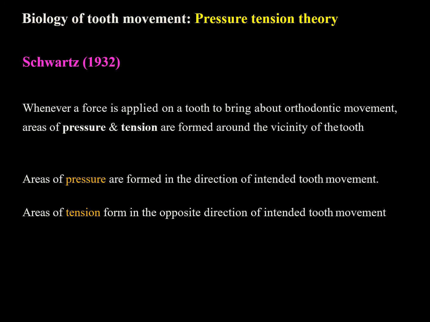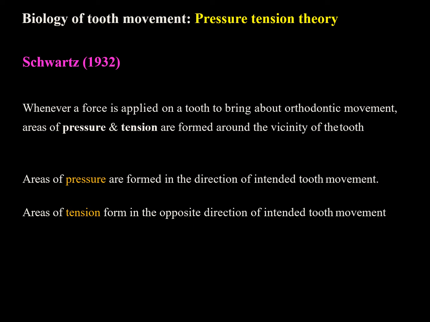So pressure tension theory was put forth in 1932. Whenever a force is applied on the tooth to bring about orthodontic movement, areas of pressure and tension are formed around the vicinity of the tooth. So you've already understood the concept of tension and pressure. This theory is what told us and introduced us to the pressure and tension concept.